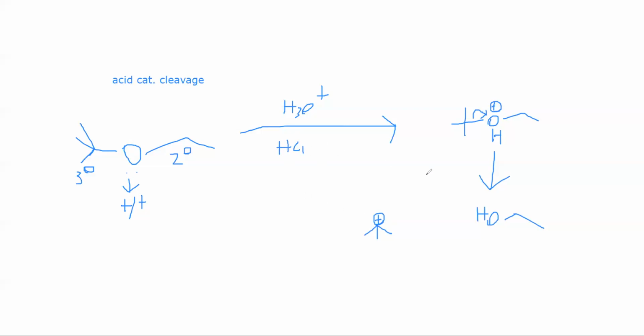And then I'm just going to say we're using HCl here, so the nucleophile comes and attacks the cation, and that's where the chlorine ends up in this case, because it was SN1 because of this tertiary spot.